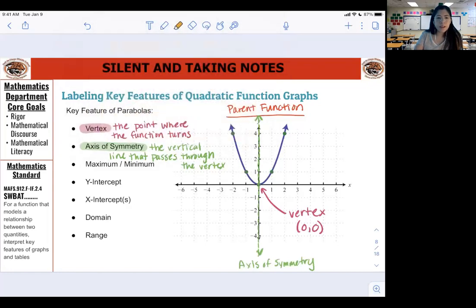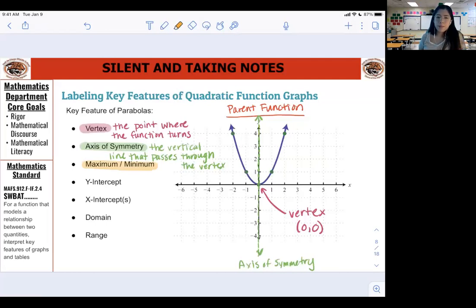Okay, next up we have maximum slash minimum. So every quadratic function is going to have either a maximum or a minimum, not both. And that just means you have to look at, does your graph have a tippity top vertex or does it have a tippity bottom vertex?